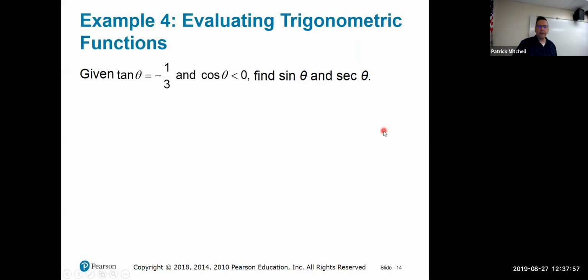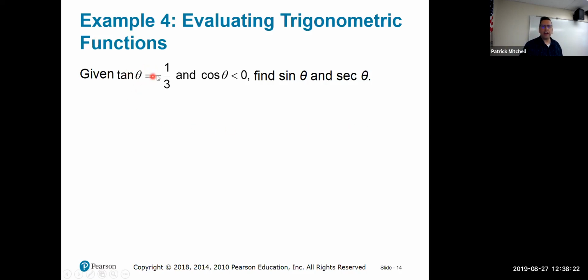Okay, another example where I can use all students take calculus is in a problem like this. If the tangent of theta is -1/3 and the cosine of theta is negative, that is enough information, believe it or not, to find the sine of theta and the secant of theta. Okay. So first, why don't we figure out what quadrant we're in?